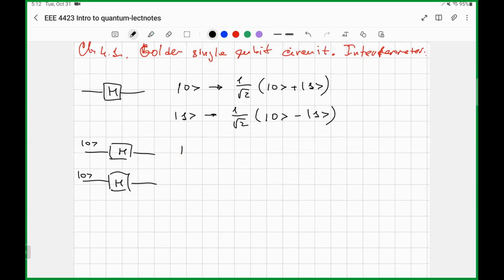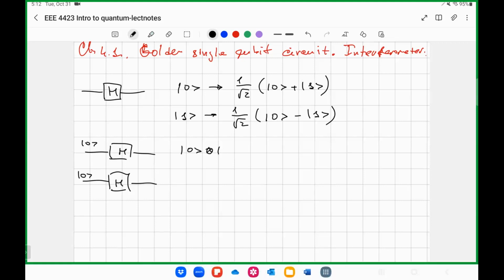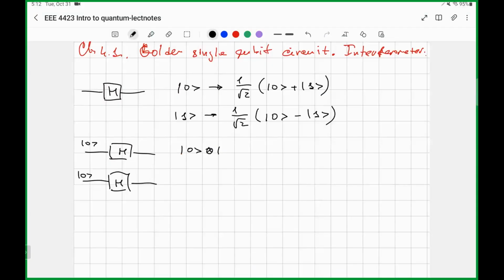In the input, using the tensor product operation, we can write this as 0 0, but I must remember the order: the rightmost is the first one, then second, third, etc.